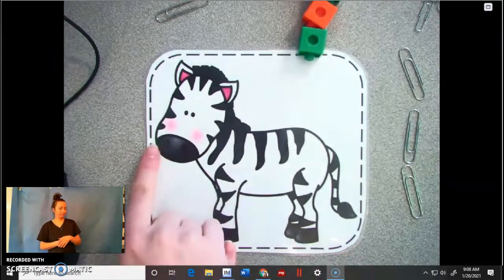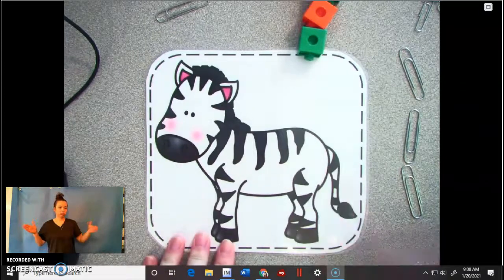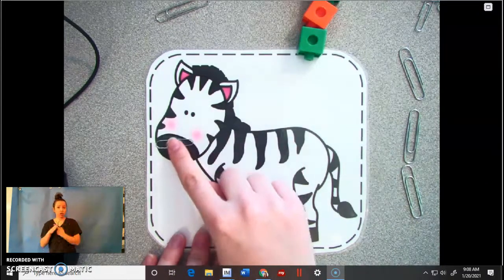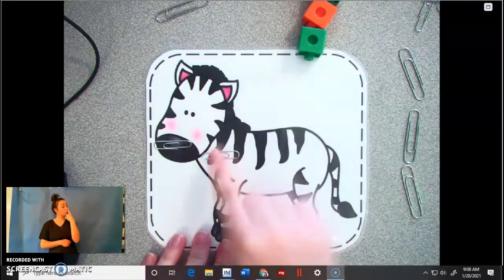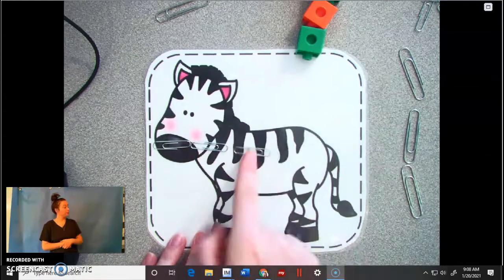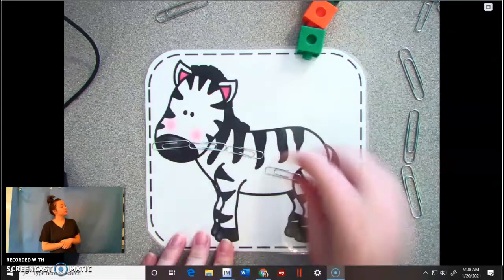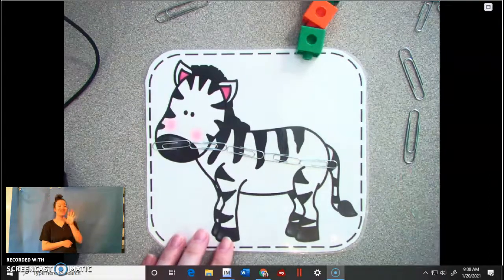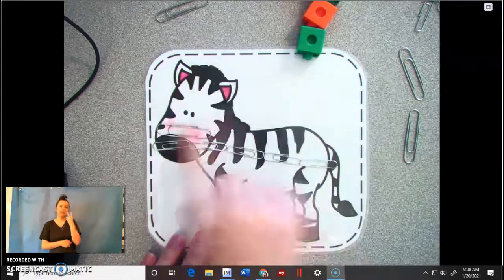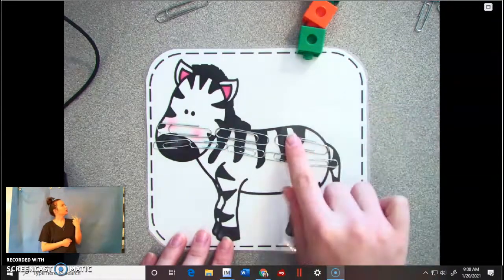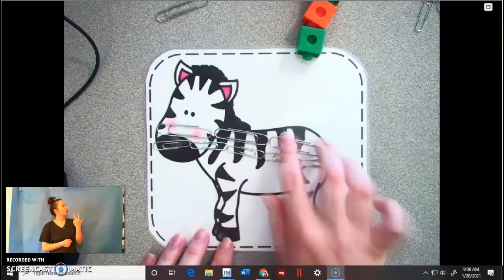All right, we're going to see how long he is from his nose to his tail. Make sure we start where it's touching the end. And they go in a straight line, or as straight of a line as we can get. So we have 4, 5 little paper clips. Let's see how many big paper clips. 1, 2, 3, little more than 3.